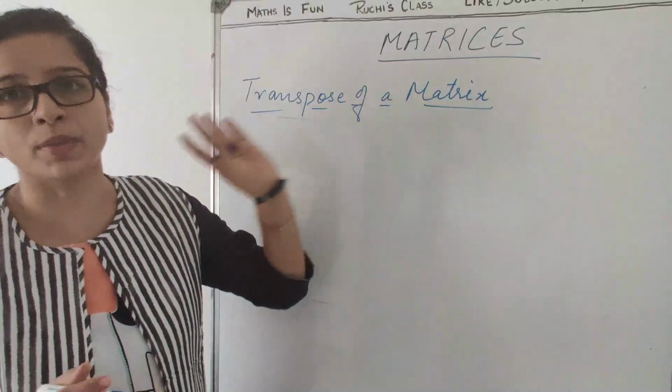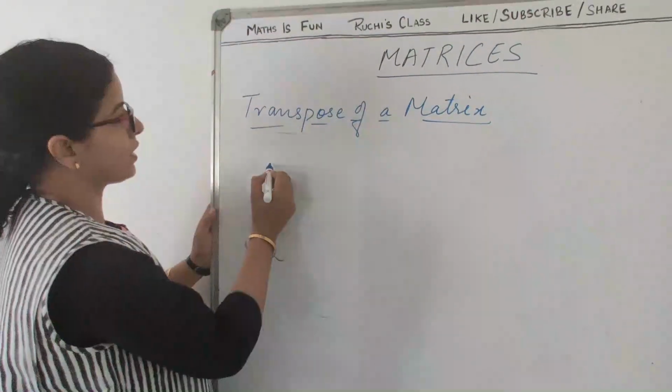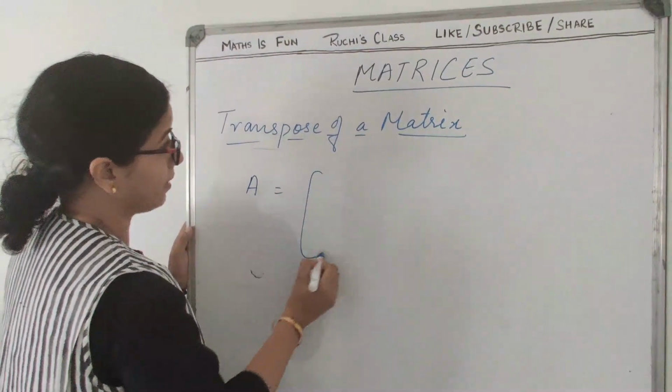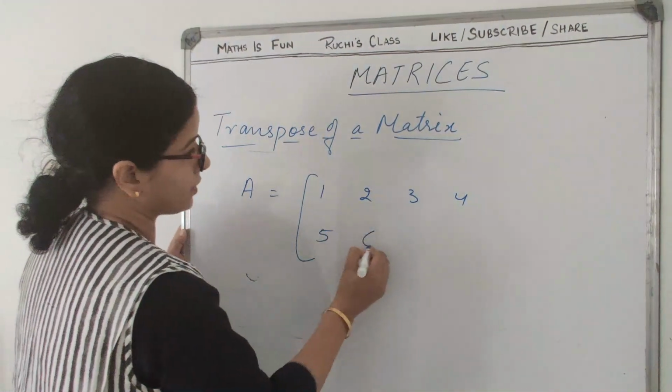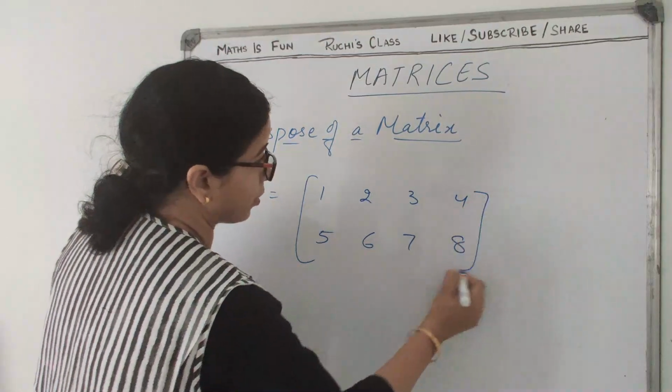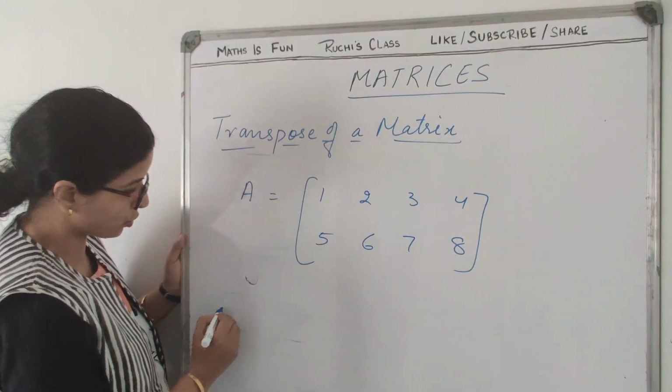What does it mean in simple words? Okay, so say for example, I have a matrix A: 1, 2, 3, 4, 5, 6, 7, 8. Okay, and I want to find the transpose of it.